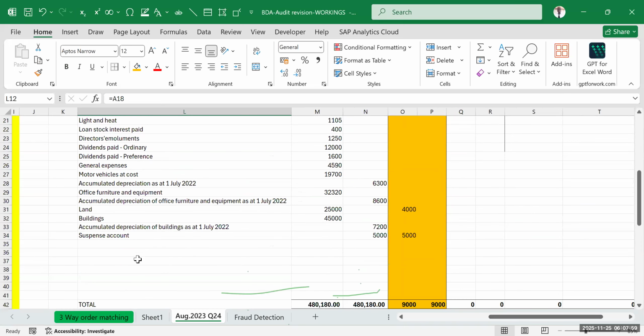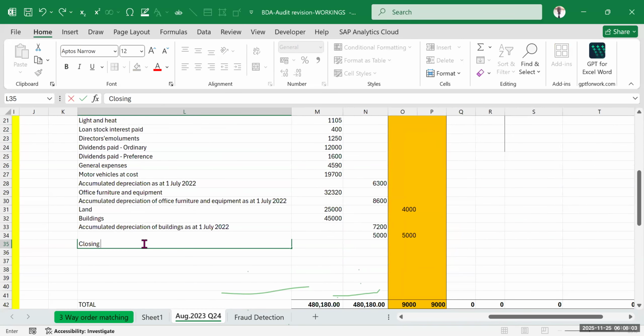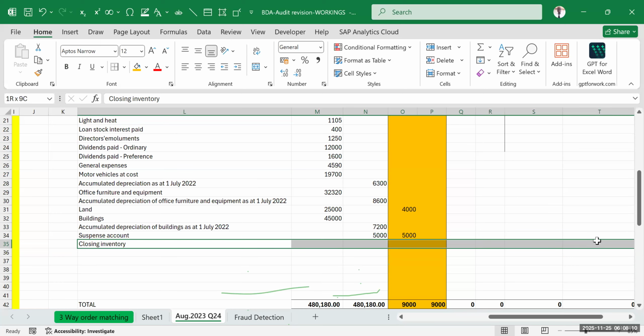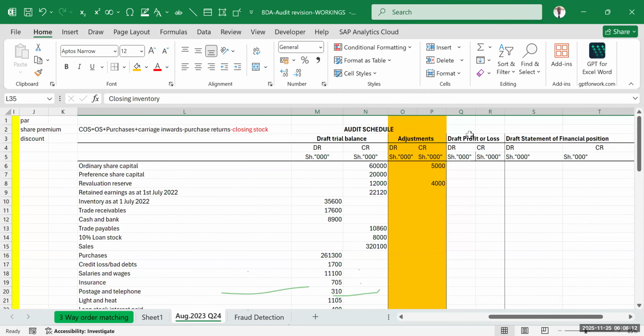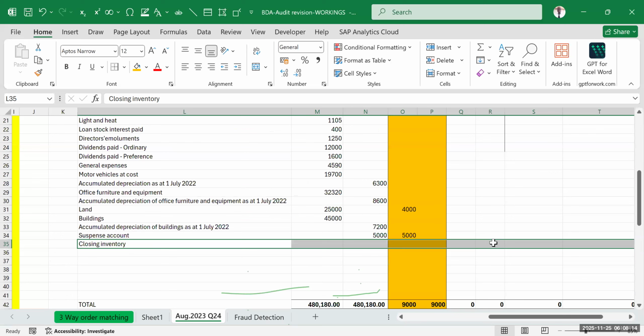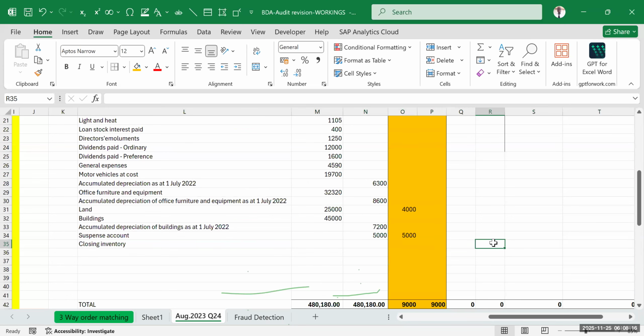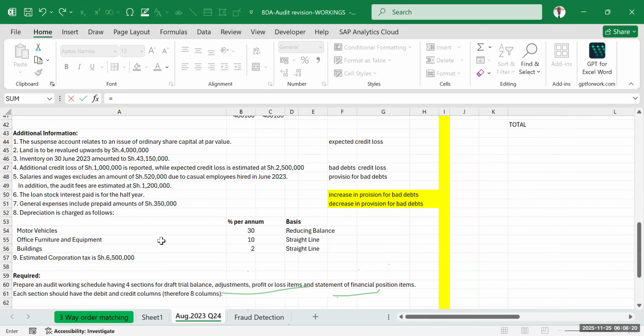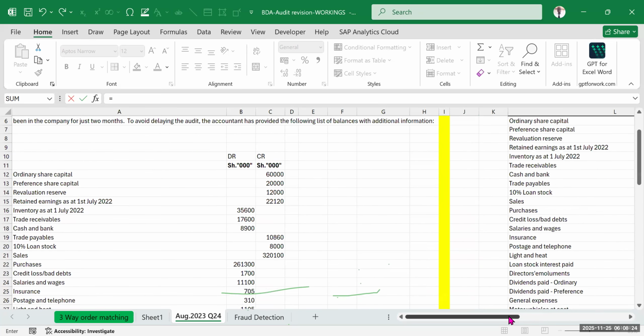So what am I going to do? I'm going here to write closing inventory. Remember, it did not have any balance and it should not have. This is an entry we are making. And where are we making the entries to? Our statement of profit or loss. We are going to deduct it in our computation of cost of sales. So we're going to adjust it there. What amount was it? Note 3: 43,150.